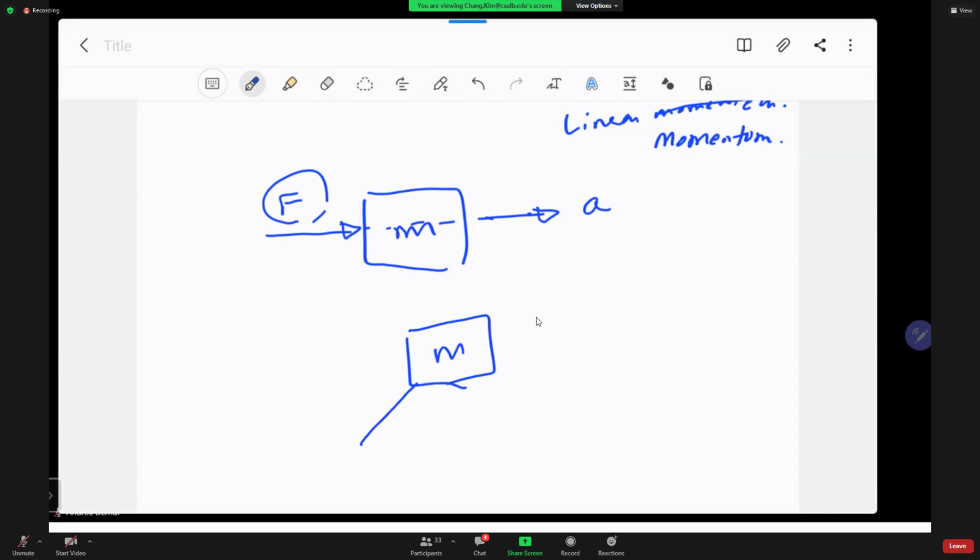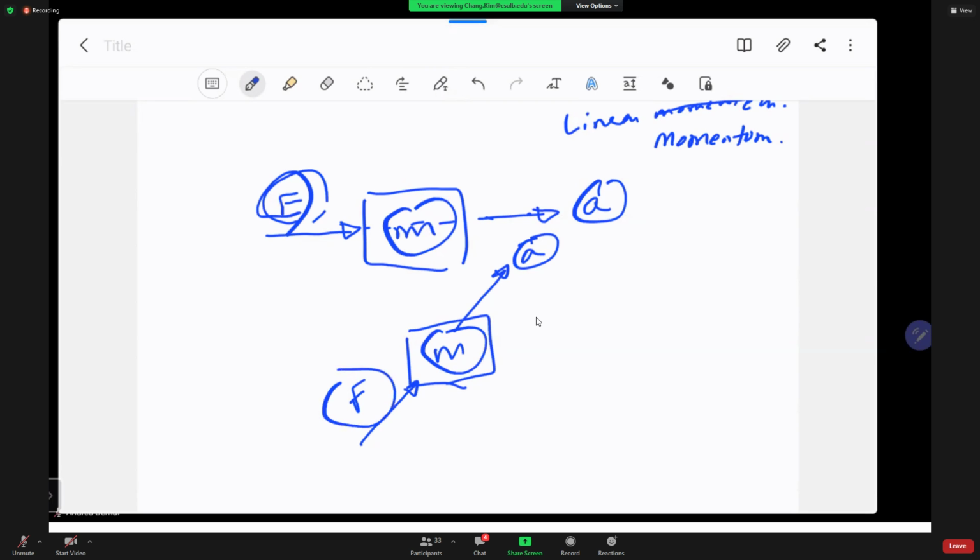If I push the same mass with the same force in a different direction, it moves in that direction with the same acceleration. Only the direction is different.